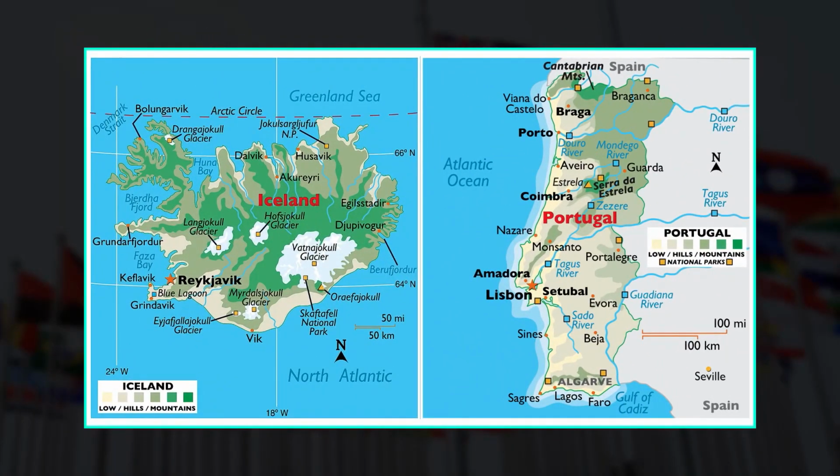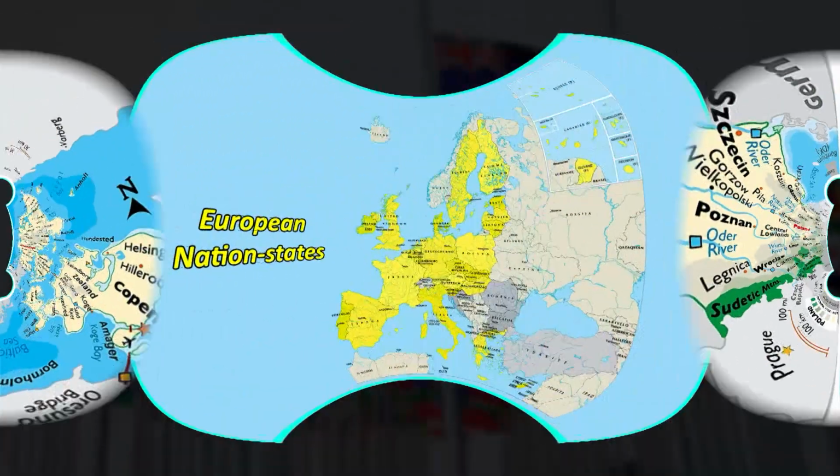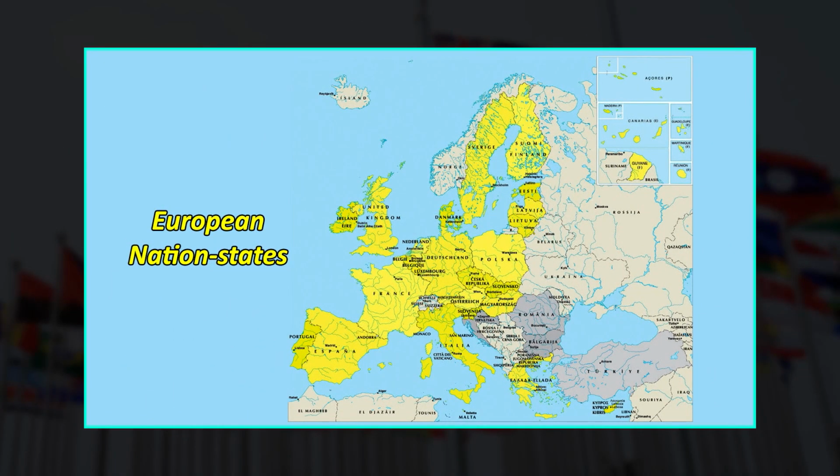Practically, however, this is not found commonly, as it is very difficult to have a purely homogenized society. Few countries like Iceland, Portugal, Denmark and Poland are often cited as examples of classic European nation states, and this is even more uncommon outside Europe.